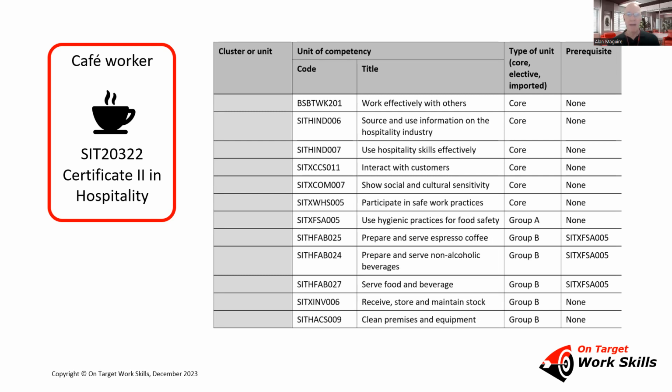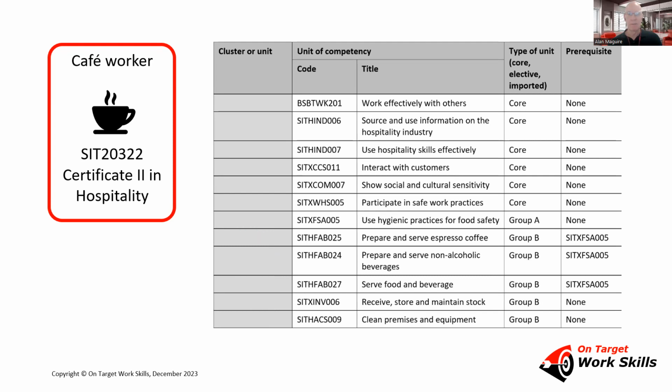You may have noticed in the other video that I had a column to the left of this table, titled cluster or unit. In this video, we'll use this column to help cluster and sequence these units.